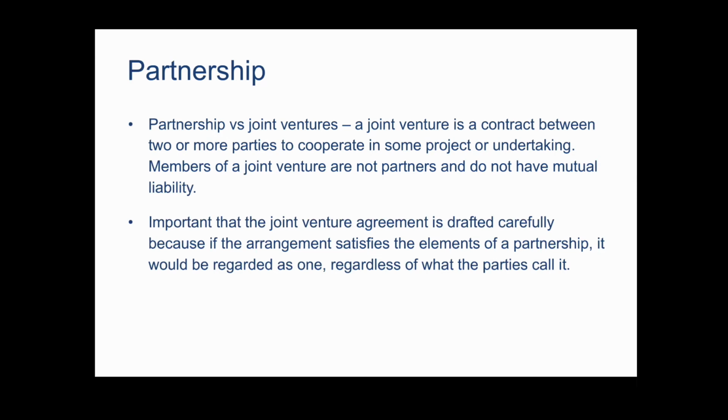So we really want to be able to differentiate a partnership from a joint venture. A joint venture is where people are cooperating on a project or undertaking. Notice this is a single venture, and they do not have mutual liability.